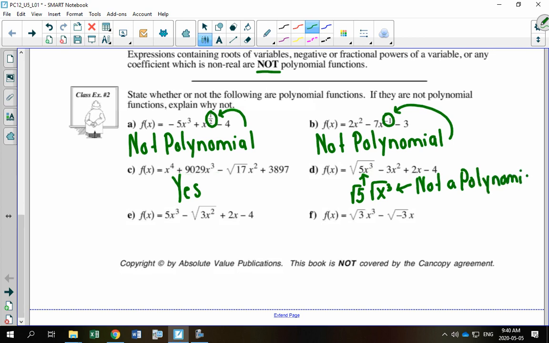The exponent has to be a whole number. Okay, and then with E, this one would be a polynomial, and if I look at this term, this is the same as root 3, and the square root of x squared is just x. So the root and the squared cancel out, so yes, this is a polynomial.